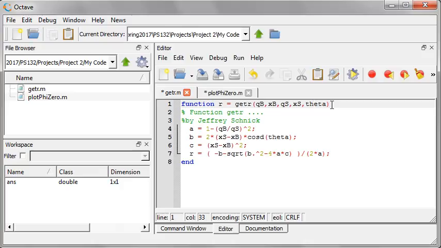Find out where along that line the electric potential is 0 due to the two charged particles, QB at one position and QS at another, where QS and QB have opposite charges and the magnitude of the charge QB is greater than the magnitude of charge QS.